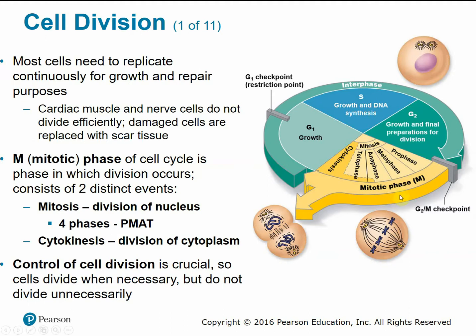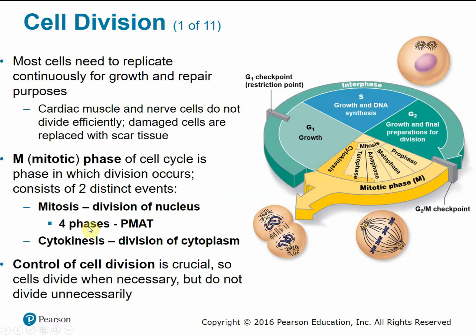So this mitotic phase or cell division phase has two distinct events, even though the majority of it is in the mitosis. The cytokinesis is just kind of the very last step. So mitosis is the division of the nucleus. So we're physically separating the chromosomes and the nucleus.